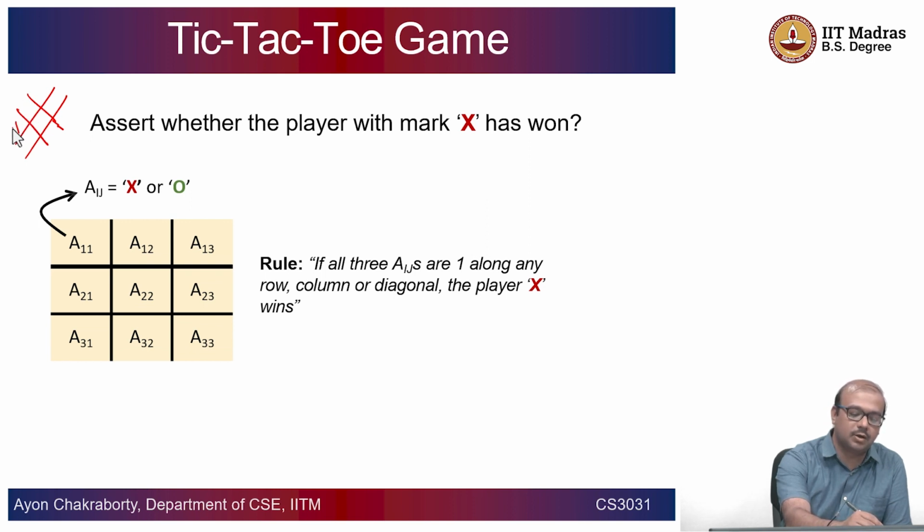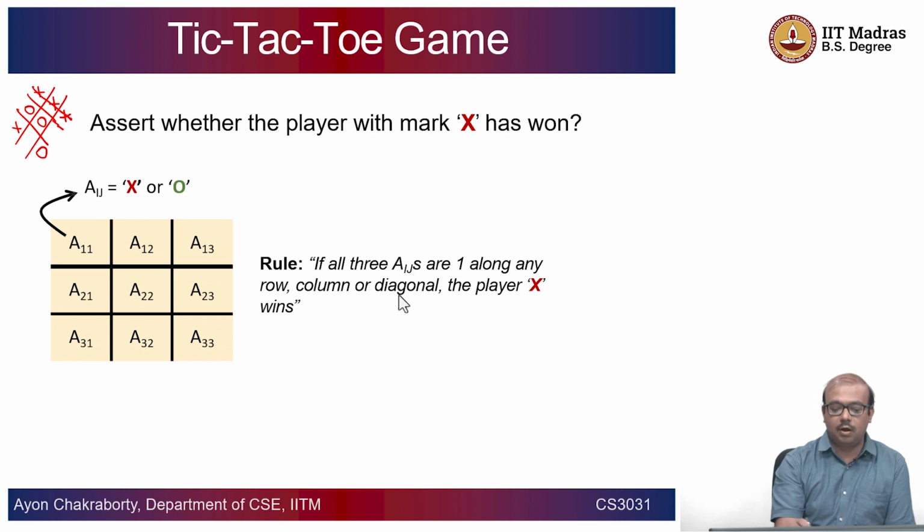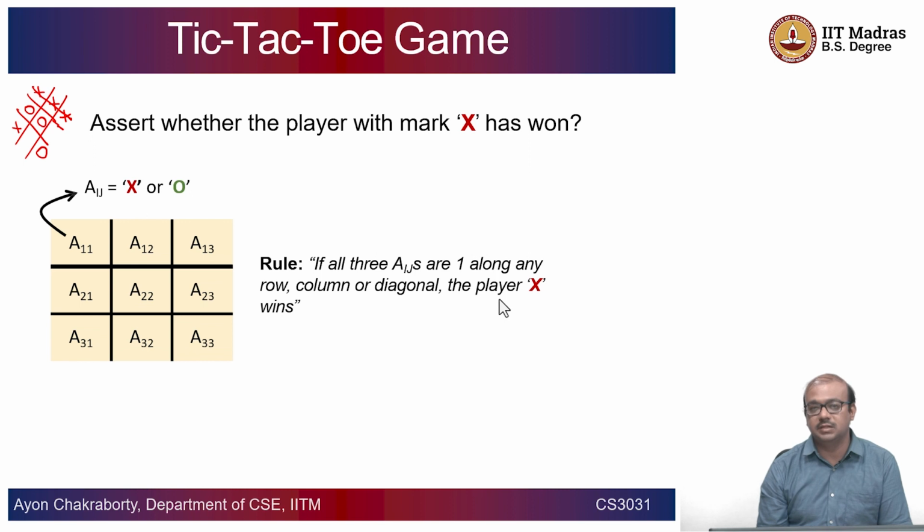So if I put a cross, player 2 puts a zero or a circle, right? I again put one more cross, the other player puts one more zero, so I put one more cross. Let's say the other player puts a zero, then I can put another cross and I win the game, because the rule says that if all the three AIJs are 1 along any row, column or diagonal, that particular player wins the game.